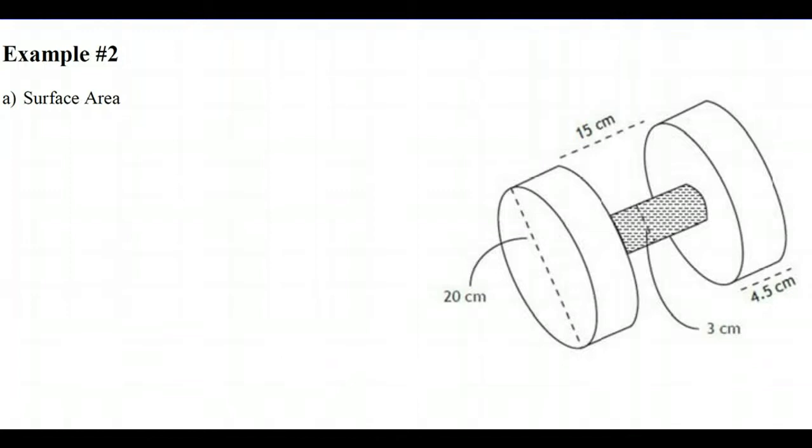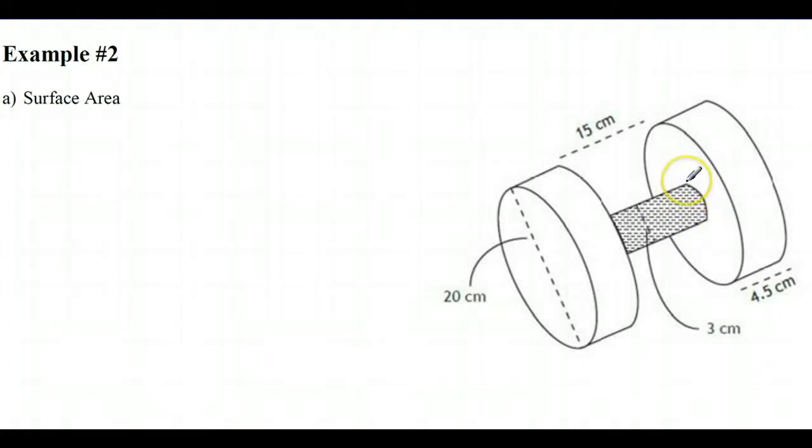Not too hard. Now, haha, hard. Okay, so what we have here, it's got like a dumbbell, right? And it's got two cylindrical ends, each the same size. So we need the surface areas of the two of them, but we have to subtract off this rounded area here, right? Because we don't have that. That's covered.